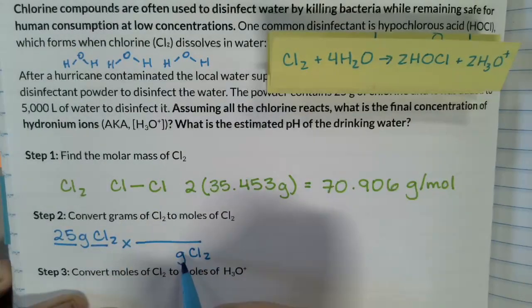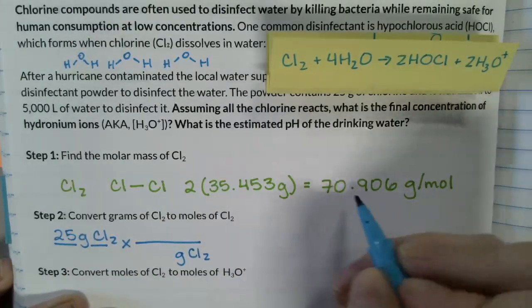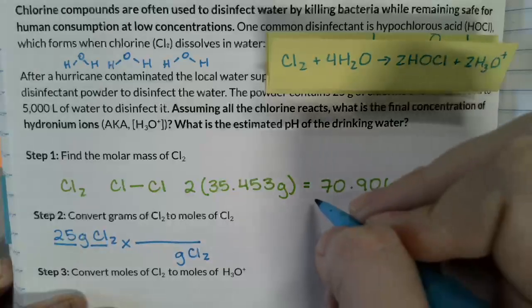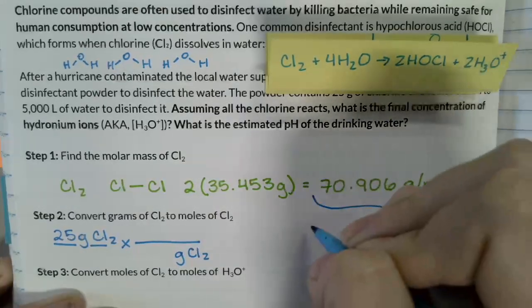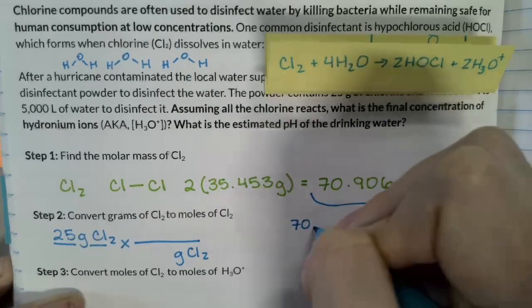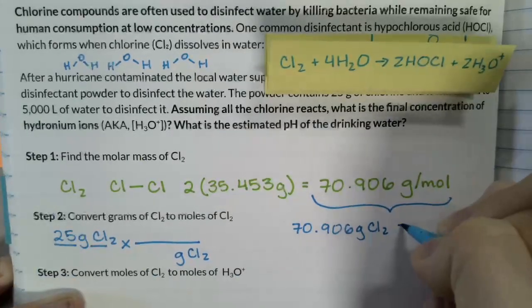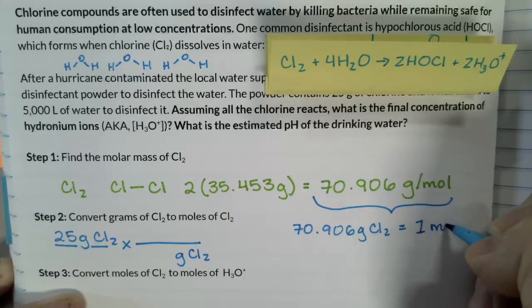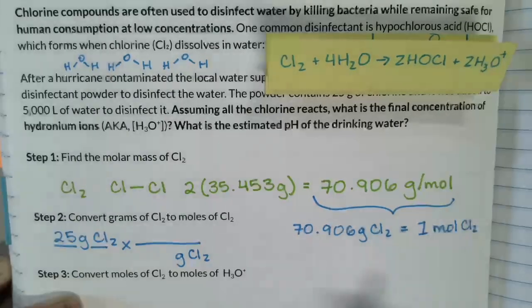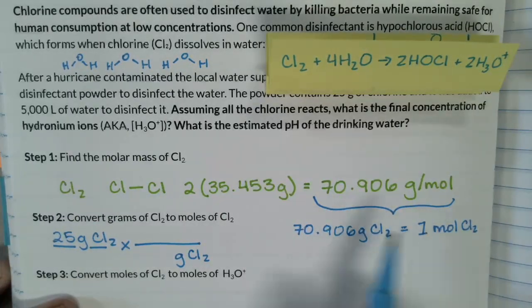And we're trying to convert to moles, and we know we can convert grams to moles because what this means, the 70.906, is like saying 70.906 grams of Cl2 is the same as 1 mole of Cl2. Those are equal.